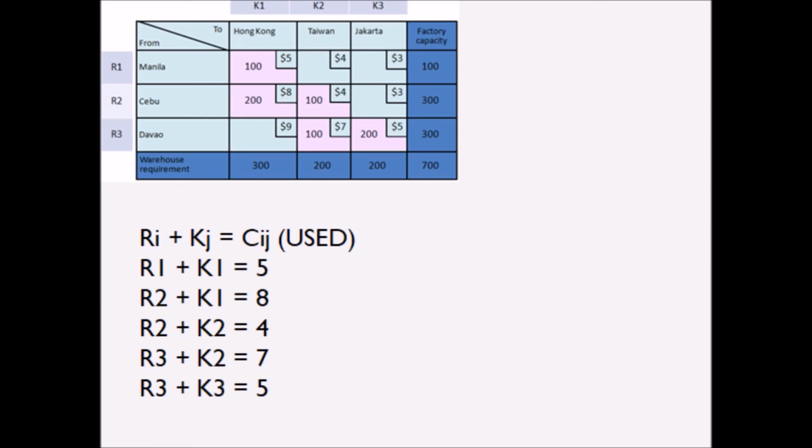And R sub 2 plus K sub 1 is equal to a unit shipping cost of 8, and so on and so forth until all the used boxes have a corresponding equation. After which, you solve for each value of the equations that you have just made.